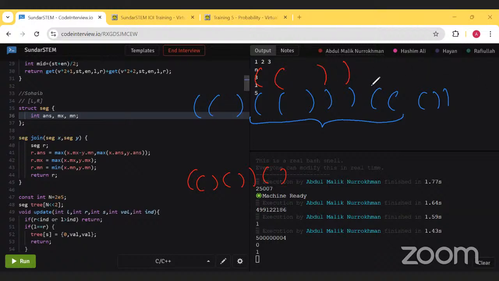And we also can update the bracket from open become close or from close become open. Okay. Did you get any idea how to solve it with segment tree?